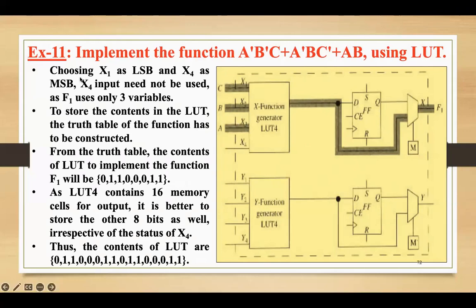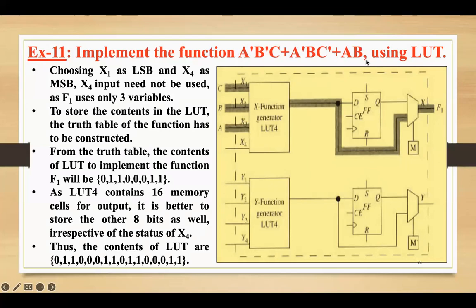Okay, fine. So choosing x1 as LSB and x4 as MSB. The x4 input need not be used, as F1 uses only 3 variables. So as I mentioned, we wouldn't need x4. To store the contents of the LUT, the truth table of the function has to be constructed. As we know, whenever we have this sort of equation, we have to construct a truth table.